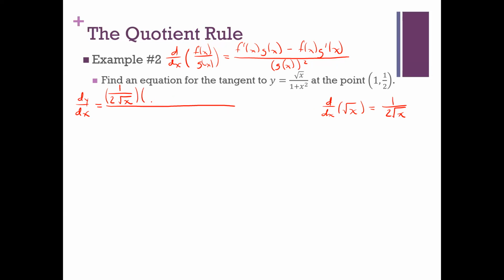And the next term is just simply 1 plus x squared, minus radical x times 2x, all over 1 plus x squared. So I believe that's a good derivative.